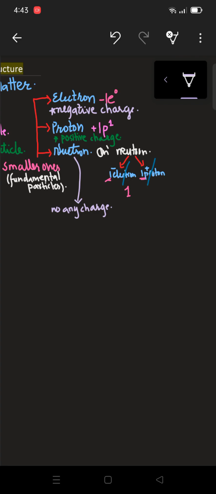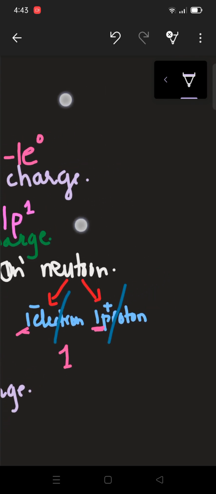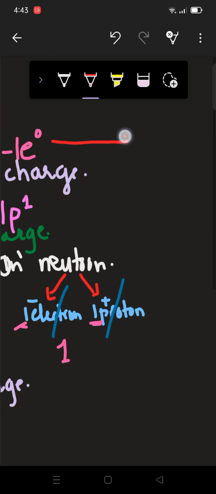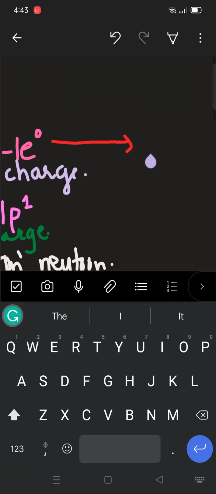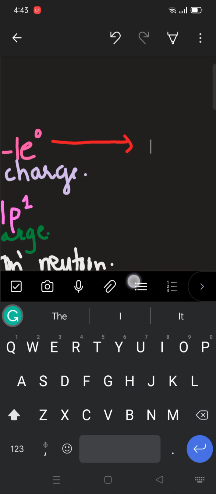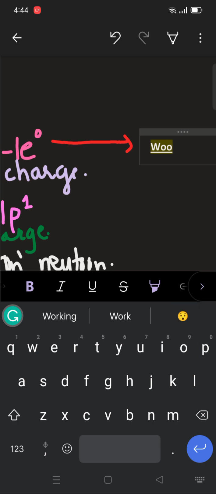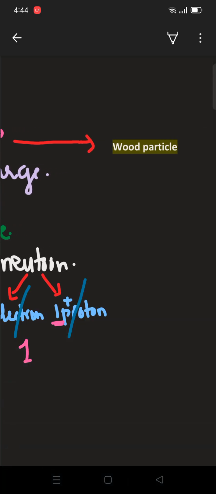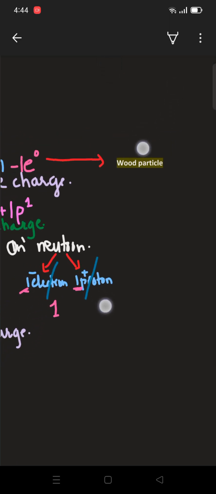Since wood is very light, and electron is the lightest particle, that's why it is also known as wood particle.